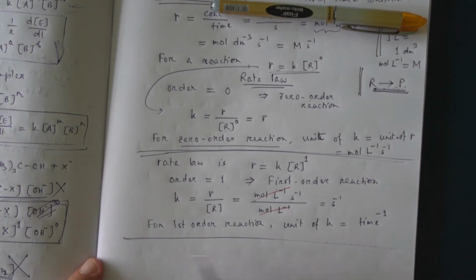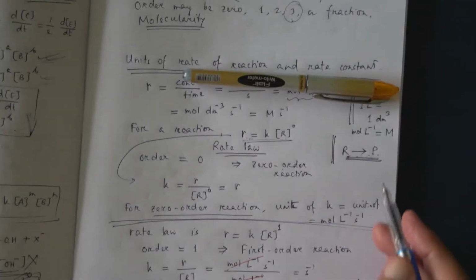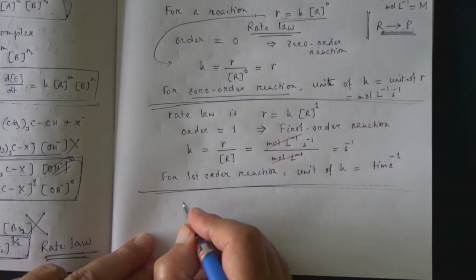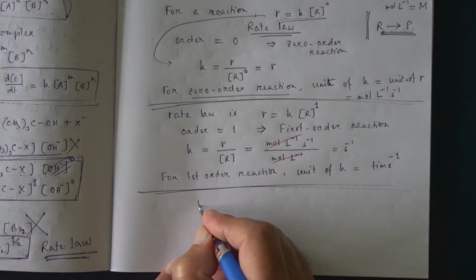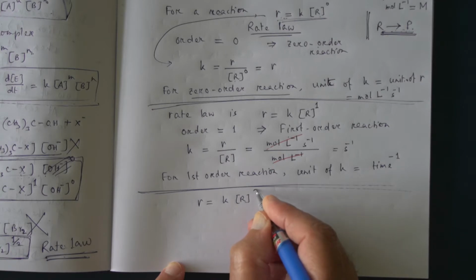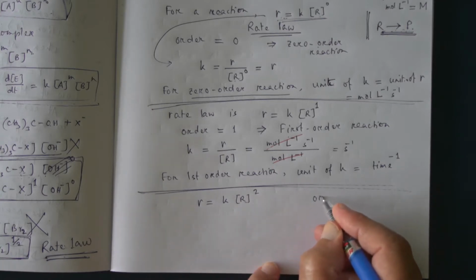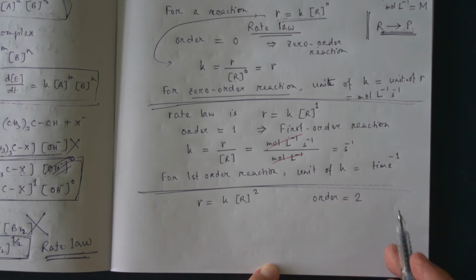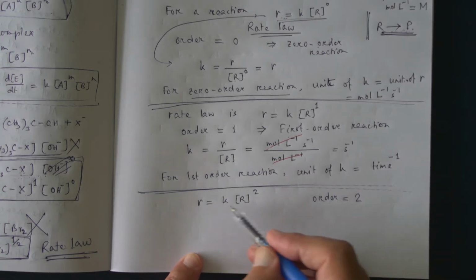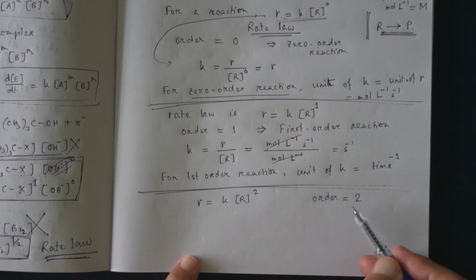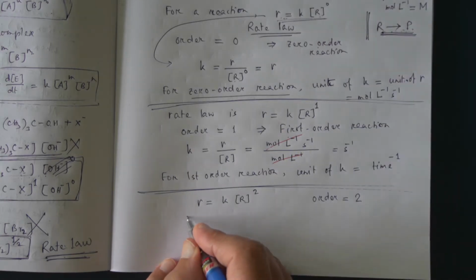Now let us see, suppose for this reaction rate law is, say, this: R equals K C square. That means here order is 2. Okay, if rate law is this, order is 2, that means it is a second order reaction. Now what will be the unit of K?